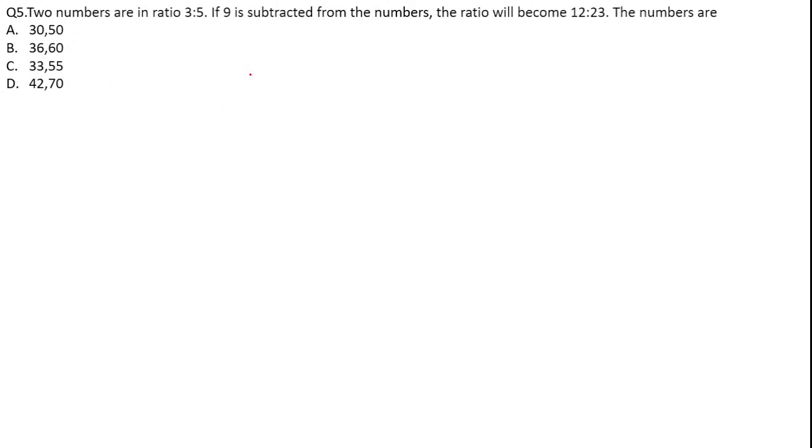The options given are 30, 50; 36, 60; 33, 55; 42 and 70. First of all, let's consider there are two numbers: 3x, since the ratio is given, and the second is 5x.